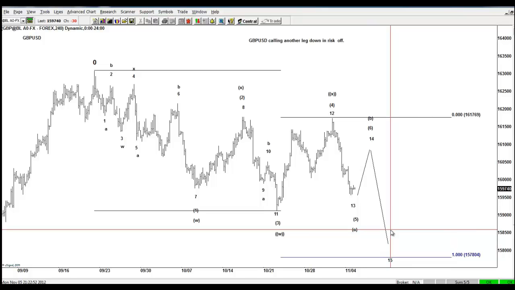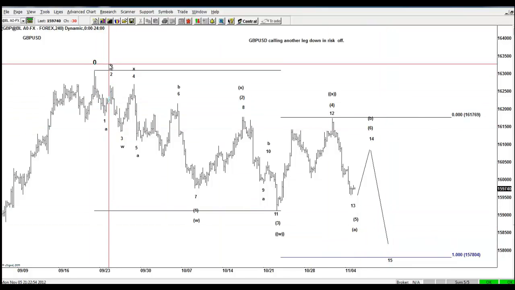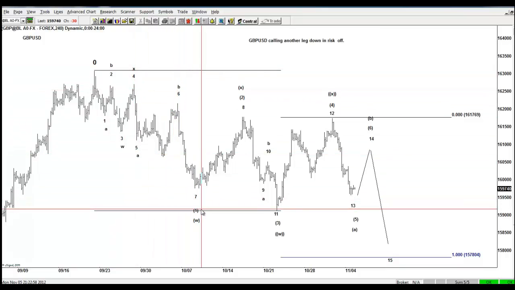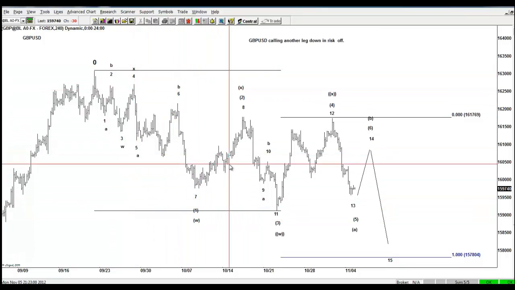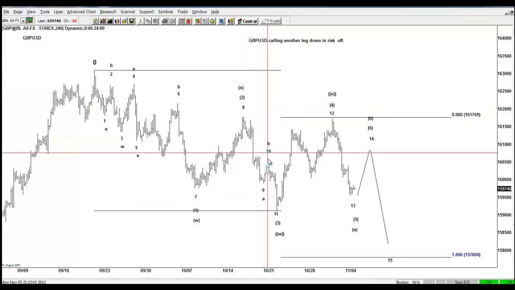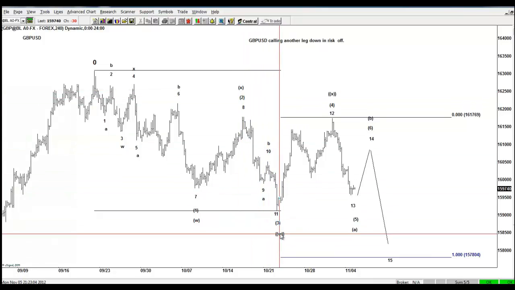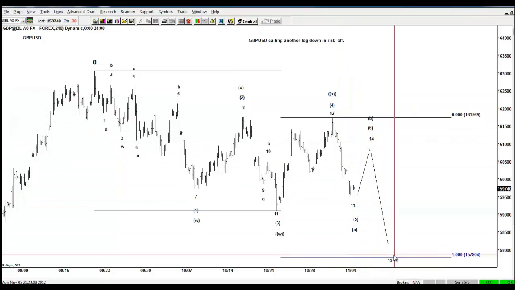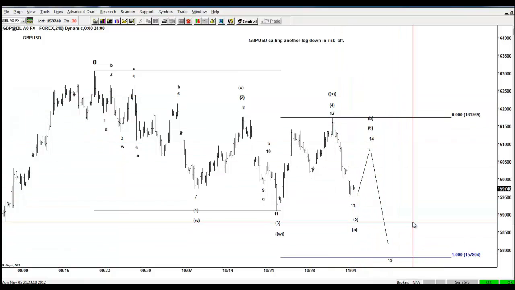Labeling wise, you need A, B, C, W, X, A, B, C, W with parentheses, A, B, C, X, A, B, C, W with double parentheses, the X, and you need the A and the B and the C. So technically, cable is telling me something that we already know: the dollar strength is not done yet, and it should continue a little longer.